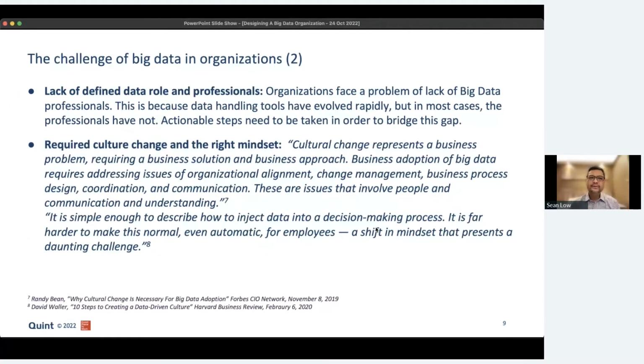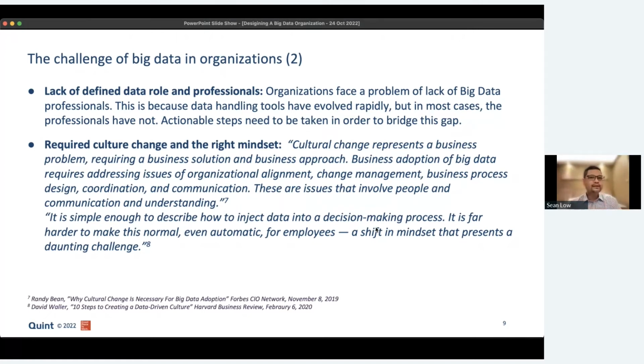Challenge number four, lack of defined data roles and professions. It's very common, right? When we do big data, we normally talk about having data scientists or data analysts. What would be the other roles that are needed? And when we talk about data analysts and data scientists, what do they actually do? We need to actually look at the roles, right? And when we talk about roles, these are not job titles.